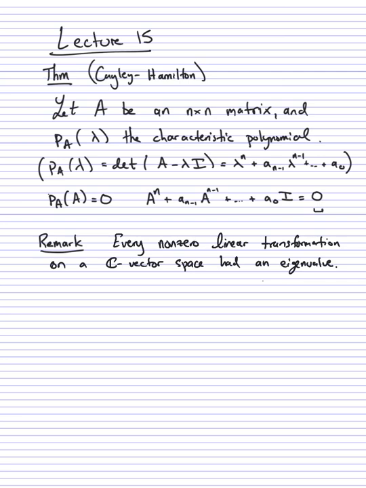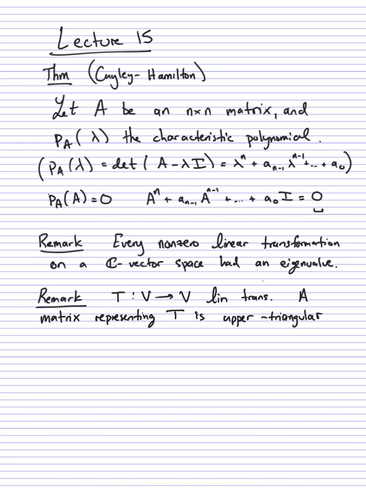Okay, so I want to first give a second remark, which characterizes what the upper triangular matrices are doing. So now again, let T from V to V, now this works over any field, be a linear transformation. Okay, so a matrix representing T is upper triangular. A similar statement will work for lower triangular matrices.